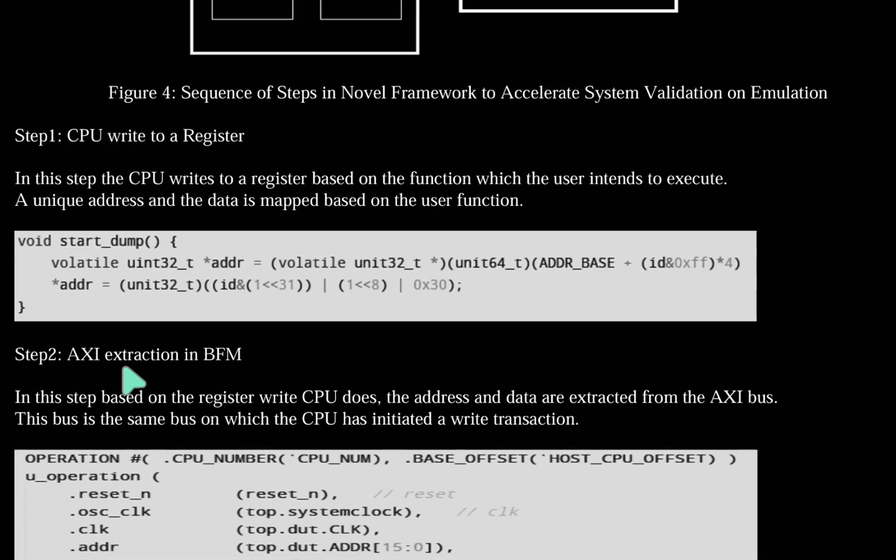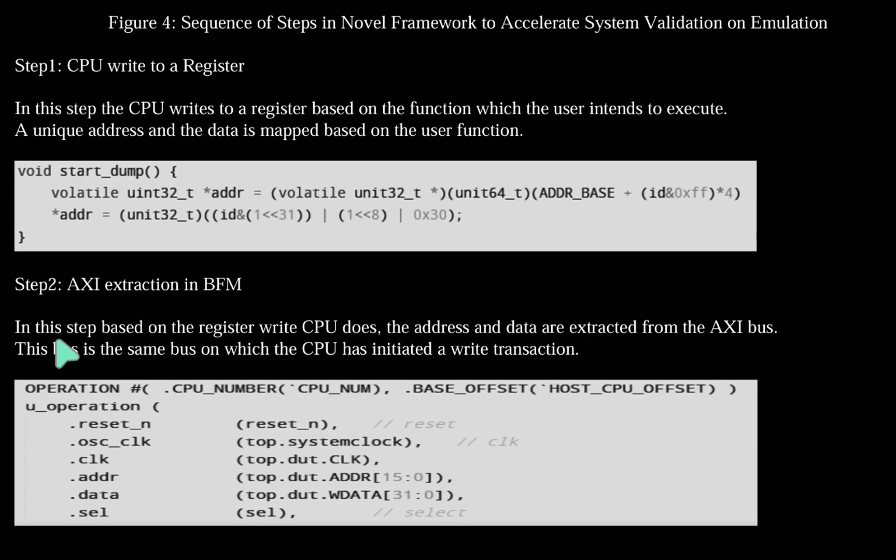Step 2. AXI extraction in BFM. In this step, based on the trigger in the register write the CPU does, the address and data are extracted from the AXI bus. This bus is the same bus on which the CPU has initiated a write transaction.